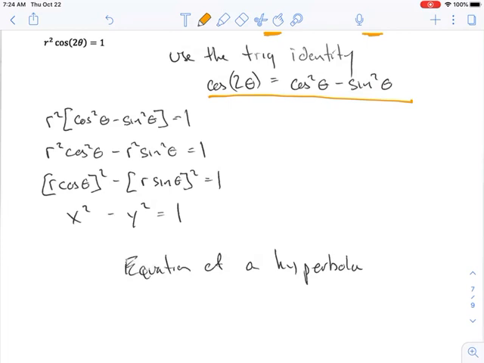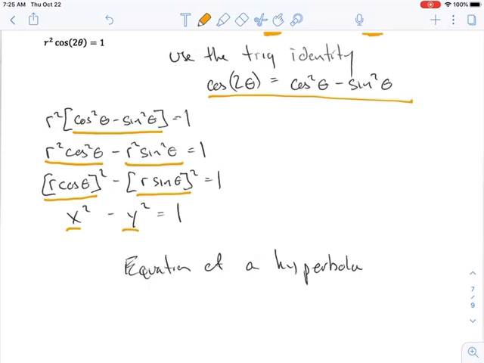And so we substitute in cosine squared theta minus sine squared theta, and then distribute the r squared. So we have r squared cosine squared theta minus r squared sine squared theta. That can be rewritten as r cosine theta quantity squared minus r sine theta quantity squared. And so, of course, r cosine theta is x, r sine theta is y.